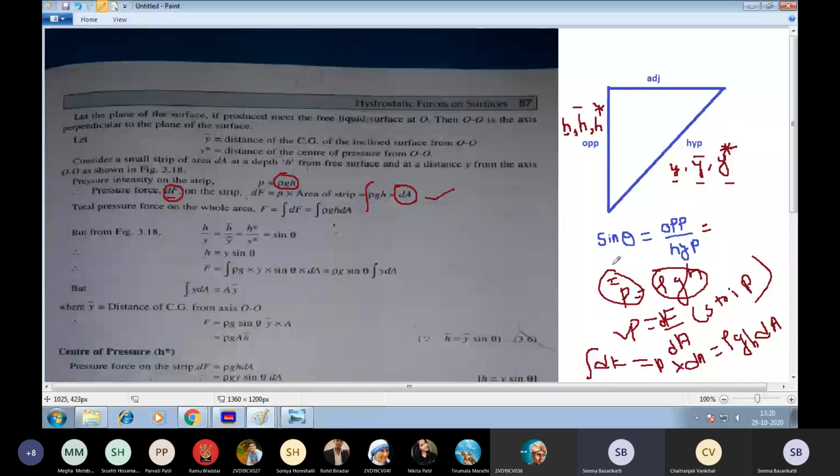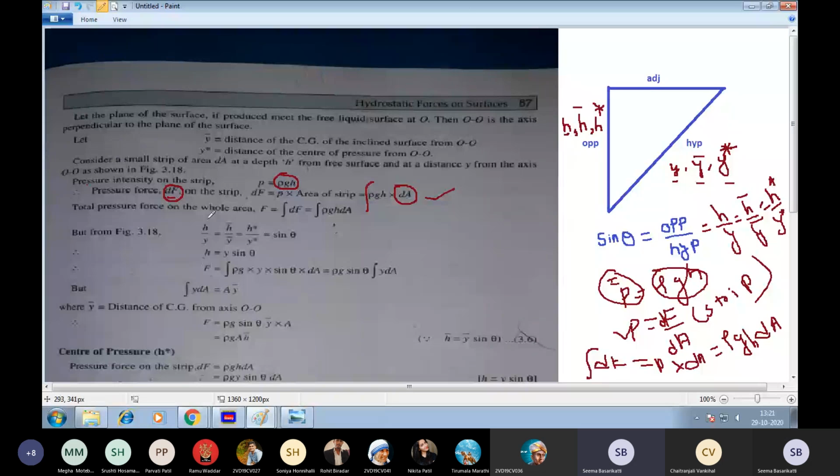So applying the sine rule for this particular triangle, sine theta is opposite by hypotenuse. Which is opposite here? h divided by y. Simultaneously h bar divided by y bar and h star divided by y star. So if you apply the sine rule, h by y is sine theta, and simultaneously h bar by y bar and h star divided by y star are equivalent to sine theta.